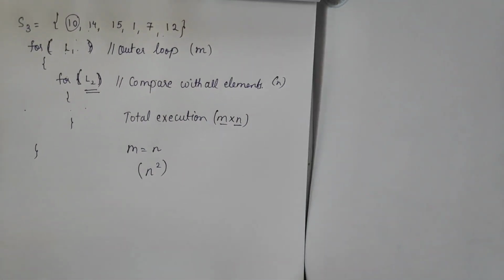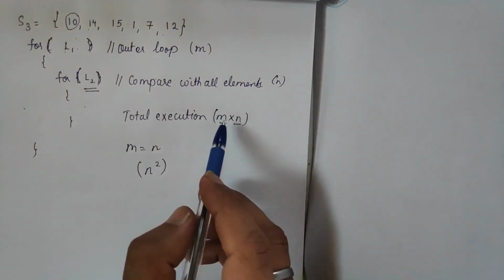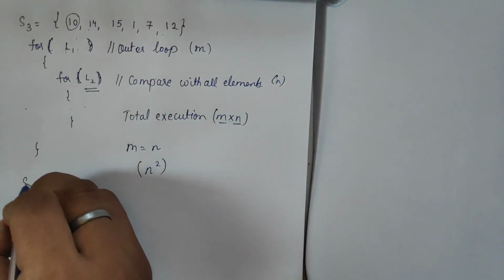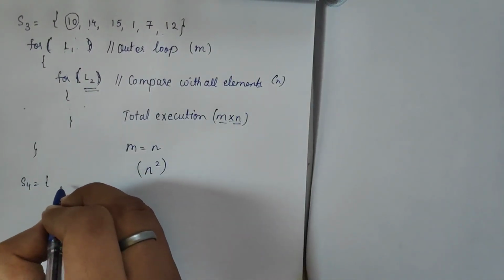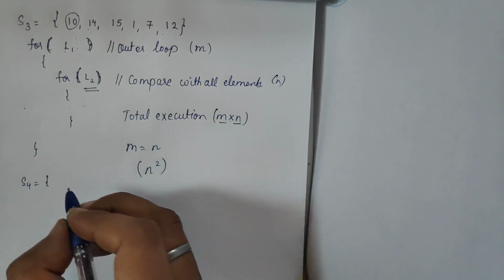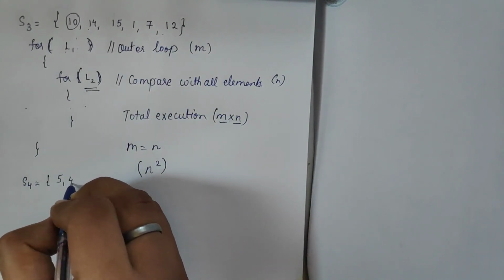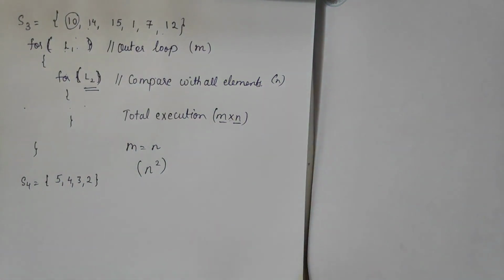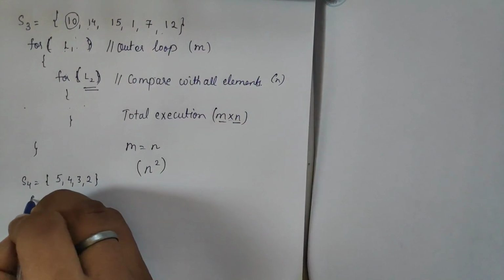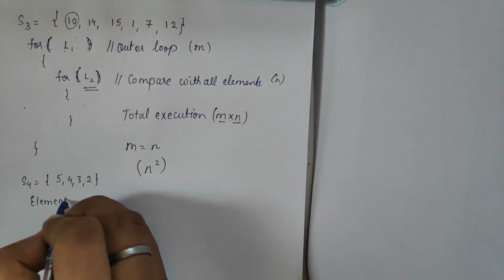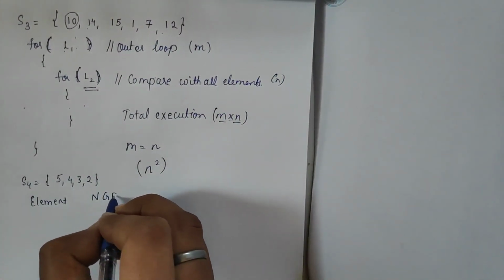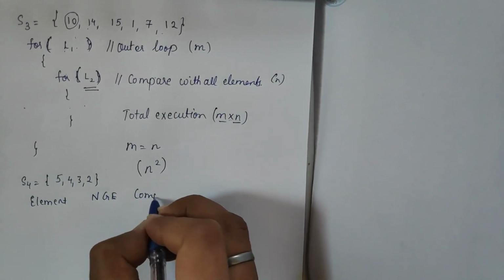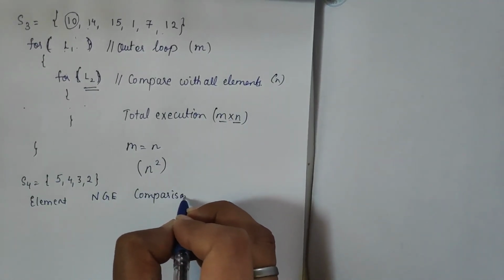Now we will see how can stack help us. Or if you want to take an example for this understanding, let us take a sorted array. We have S4, a sorted array but in descending order. So let us say 5, 4, 3 and 2. So we will write element here and then next greater element, and then we do a comparison.